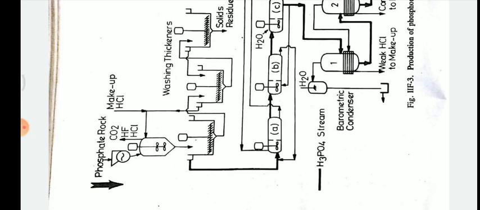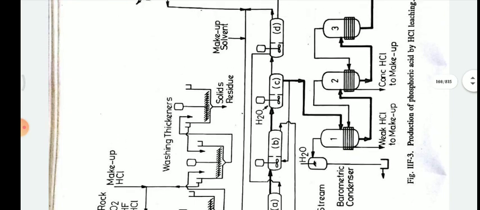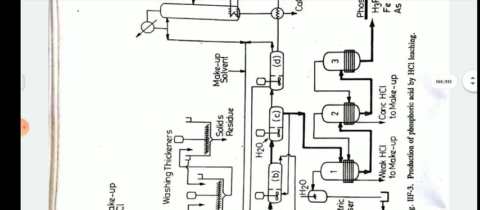The gases are CO2, HF and HCl. Then the residue is sent further to the washing treatment, washing thickener, which gives a solid residue.